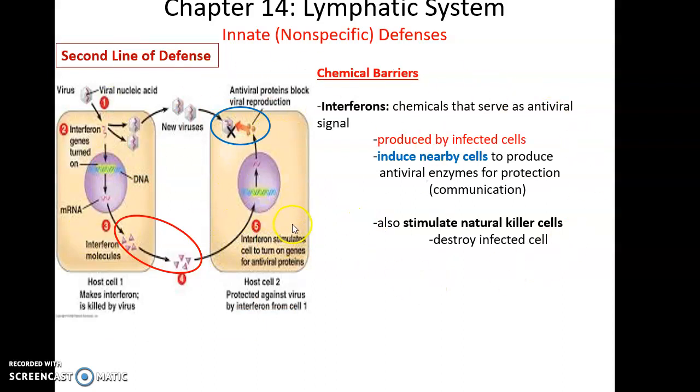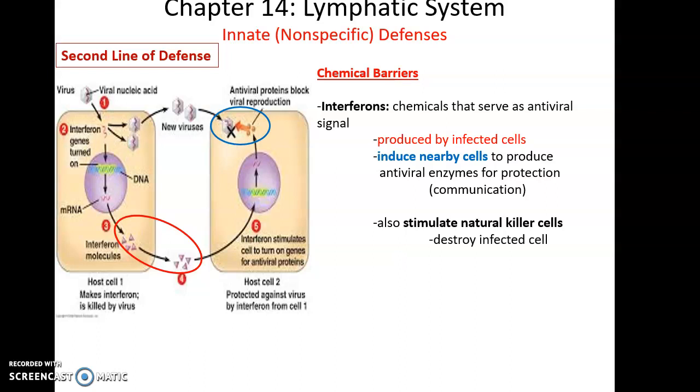Within the body, our cells are able to produce a kind of chemical called interferons. Interferons serve as an antiviral signal. So this second line defense, basically when, say, a cell lining our respiratory tract gets infected by a pathogen like coronavirus, that infected cell, poor sad infected cell, is going to produce interferons and release them, and these interferons will go to neighboring cells and warn them that there are viruses out there.